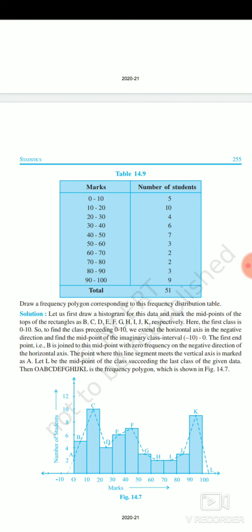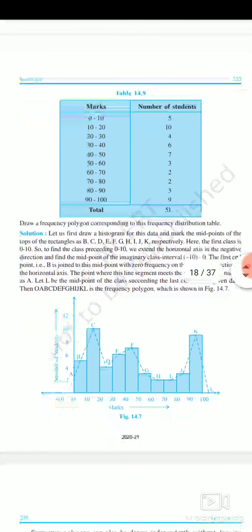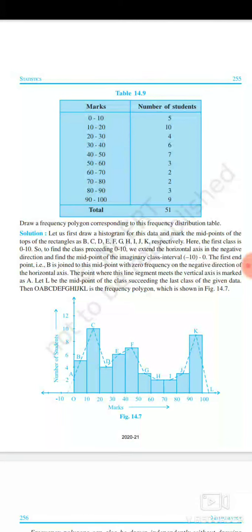For the starting point, start with your axis at 0, 0. On the x-axis you can write 1 centimeter equal to 10 units, that is 0 to 10, next 20, 30, 40 up to 100. On the y-axis the maximum number is 10, so you can take 1, 2, 3 or 2, 4, 6, 8, 10, like that.